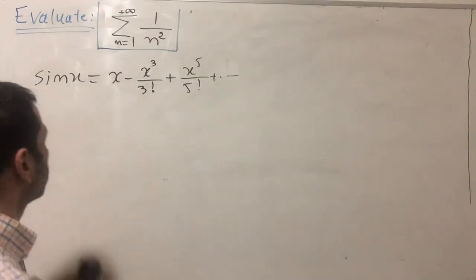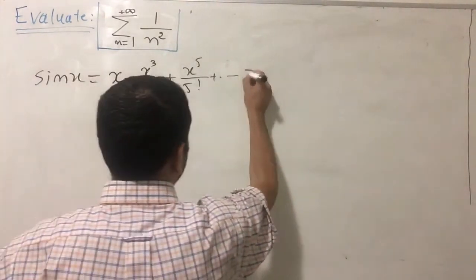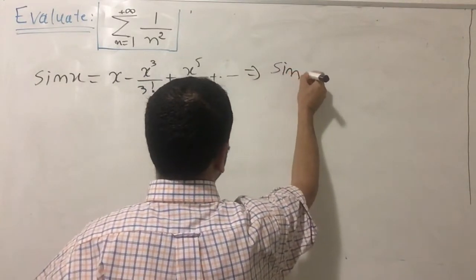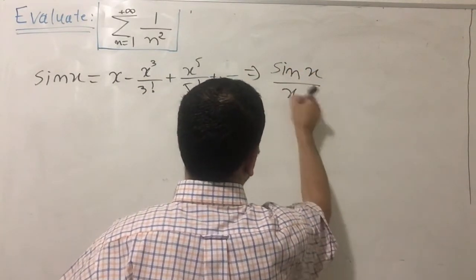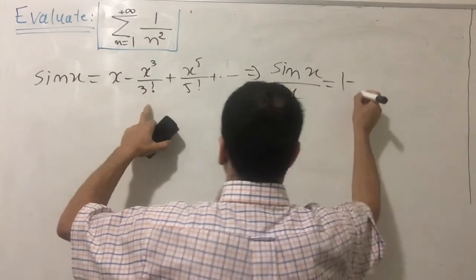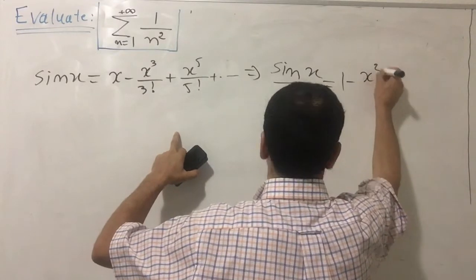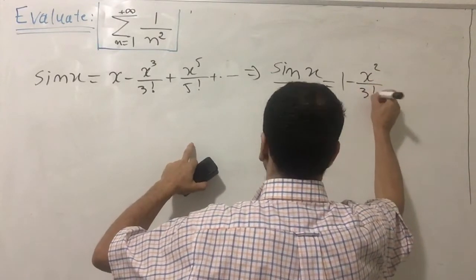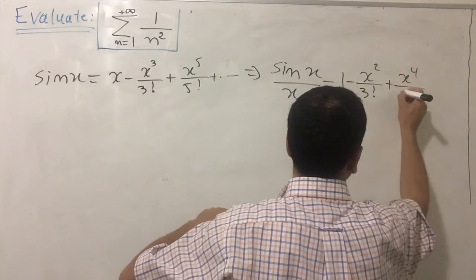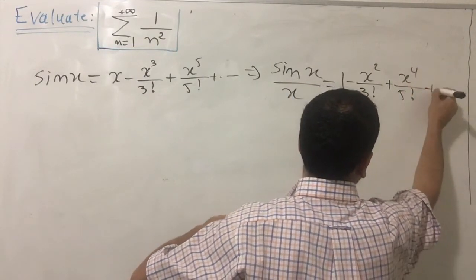So what I'm going to do now, I'm going to divide by x. So I will have sine x over x giving me 1 minus x squared over 3 factorial plus x to the 4th over 5 factorial and all the way down, okay?